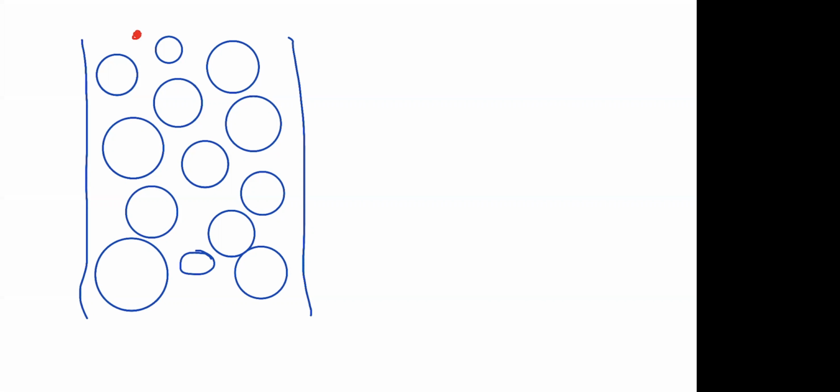So we have here two molecules. We denote one with red and another one with green, but they are of the same compound, so they have the same chemical structure. And let's for a second assume that these compounds do not interact with the stationary phase at all, so they are not retained.